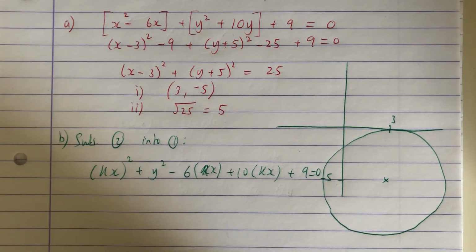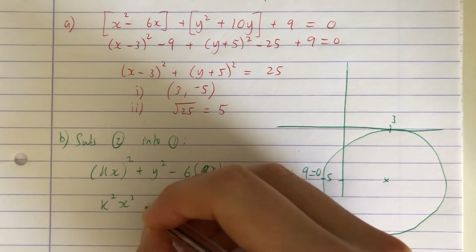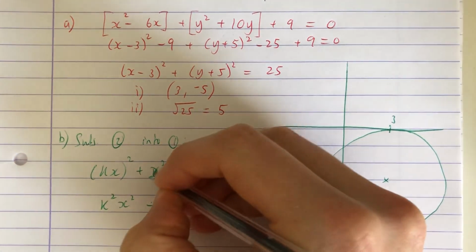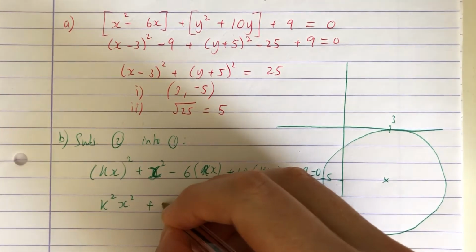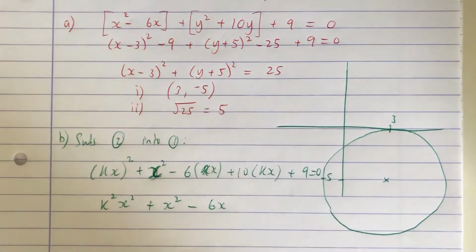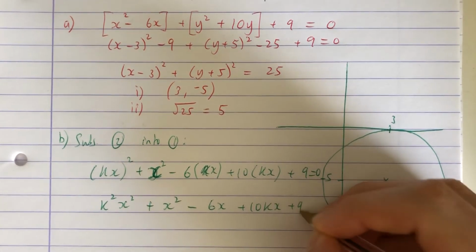And then expand everything out: k squared x squared plus x squared, subtract 6x, plus 10kx, plus 9 is equal to 0.